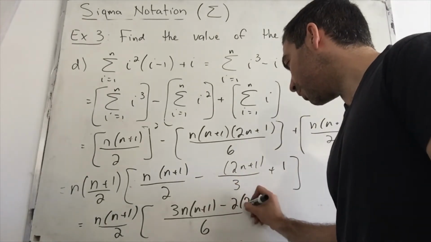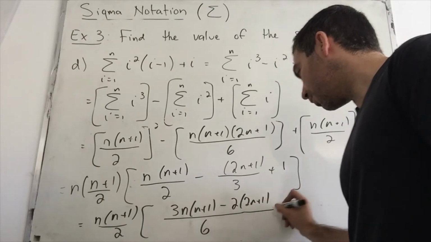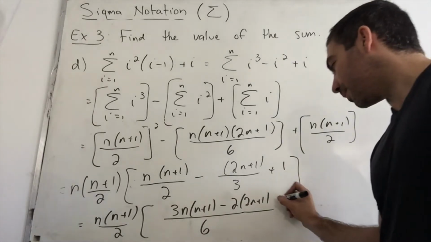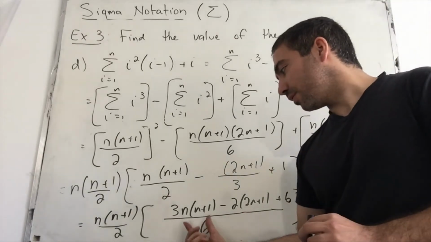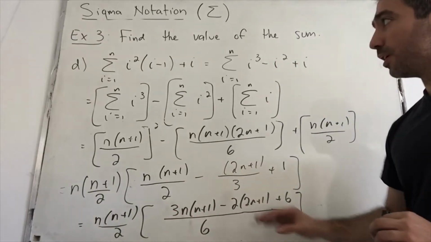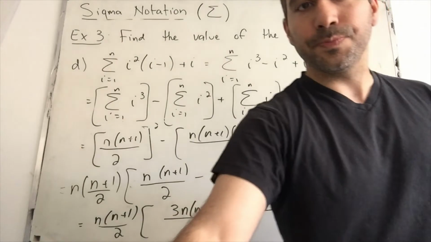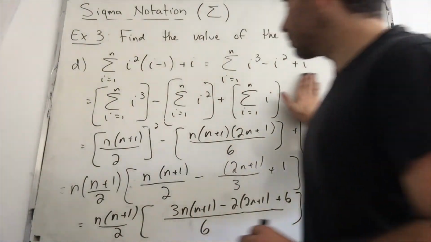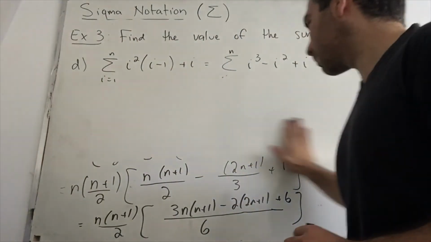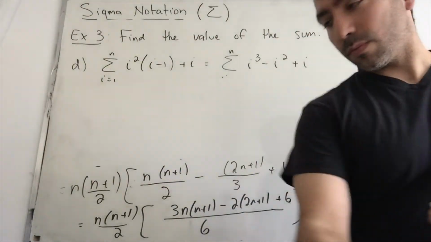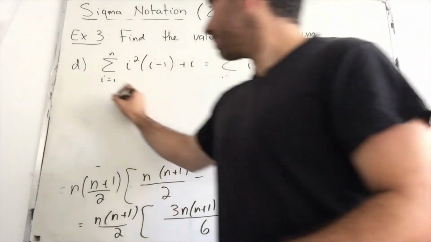So 2 times (2n plus 1) over 6. And here we have to multiply the top and bottom by 6. So plus 6. Okay. So all we have to do is really distribute the top over here. So I'm just going to erase the top to give myself some room up here, and we're going to continue from this point on.